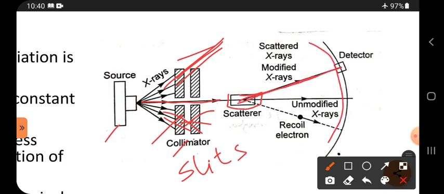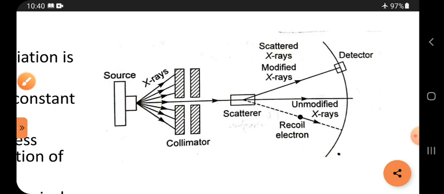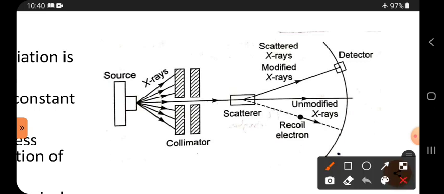A circularly graduated detector is present that detects in which direction X-rays are scattering. If the X-rays come in this direction, they are unmodified, meaning their frequency does not change. Those coming this side are modified. Electrons move in this direction, photon moves in this direction.